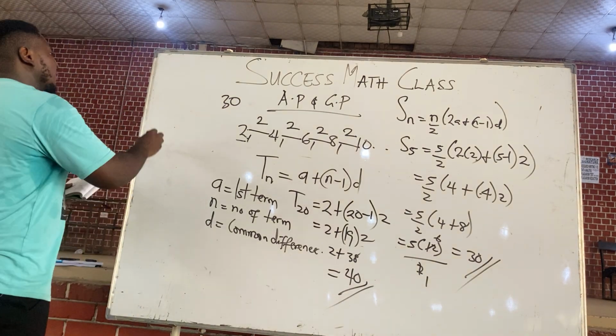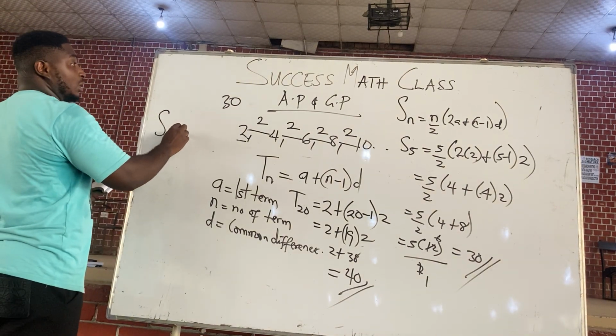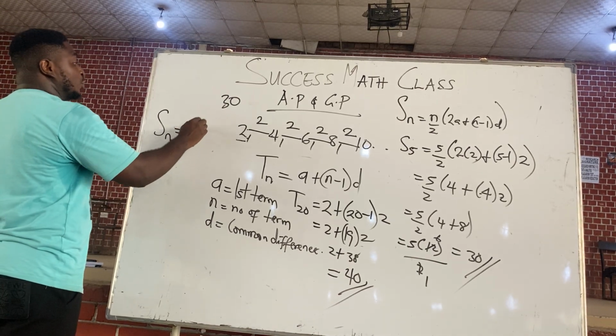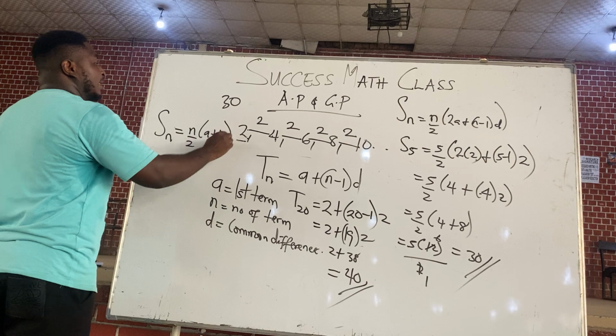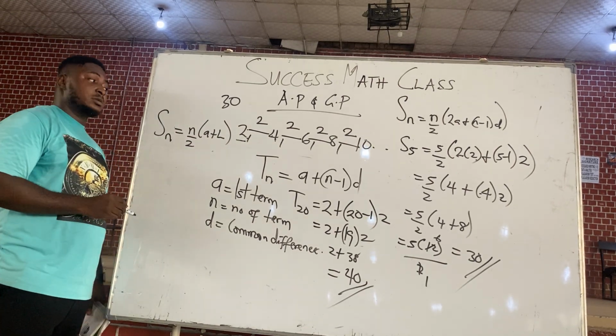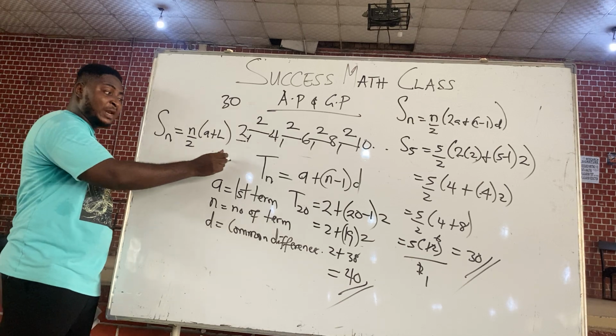We can also have the sum of n terms when the last term is known and we don't know the common difference: n over 2, a plus l. Class, if they give you the first and the last term and the number of terms, you can get the sum of the n terms of an AP with that formula.